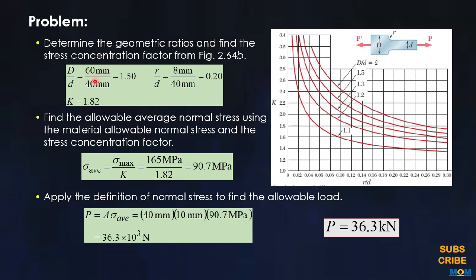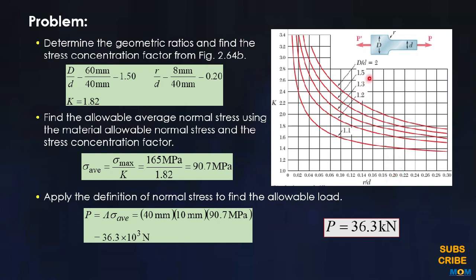One ratio, D upon d, is 60 millimeter upon 40 millimeter, and we have the value 1.5, and the other ratio, R upon small d, is 8 millimeter upon 40 millimeter, and we have the value of this. Now if we see the horizontal axis of this plot, this is the value of 0.2. So R upon d, this is the line which is passing through 0.2.